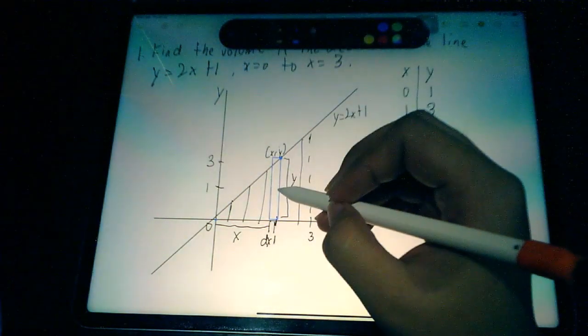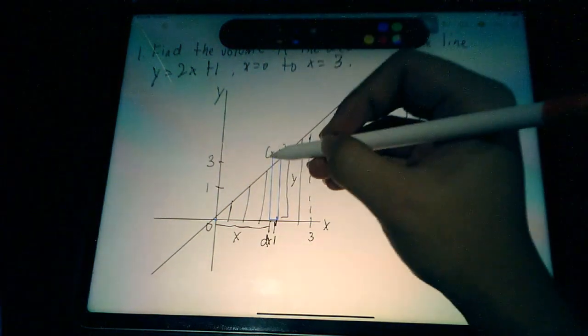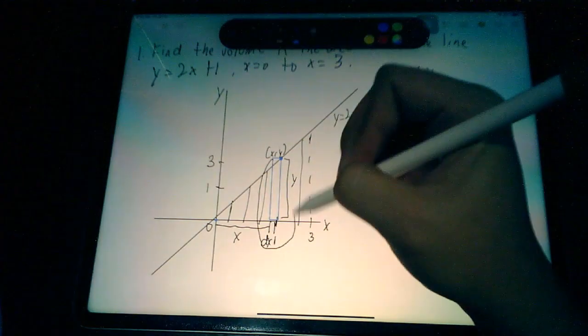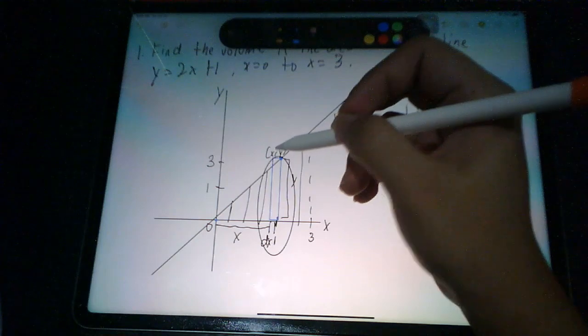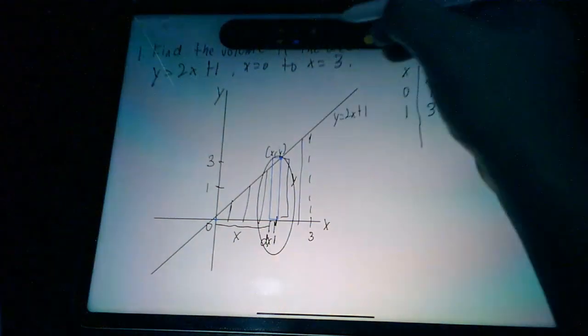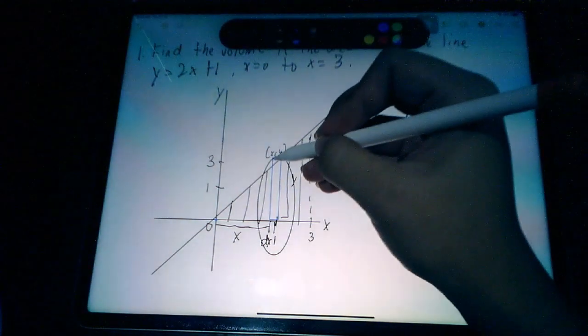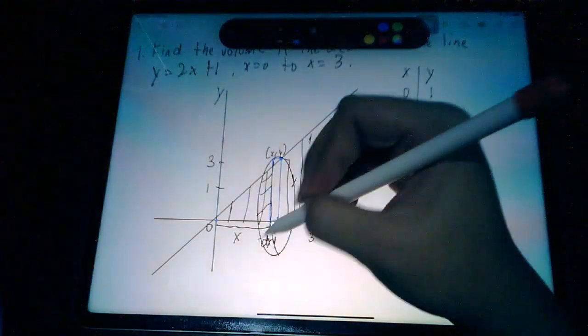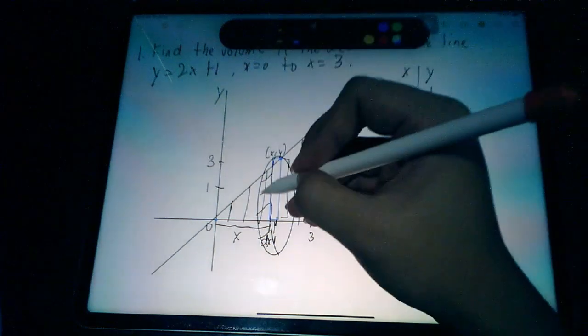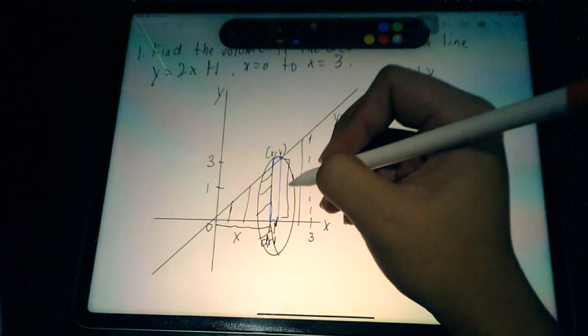First, let's put this out. This will become a cylindrical disc. Is it clear? Cylindrical disc. Let me erase some portions here to make it clear.